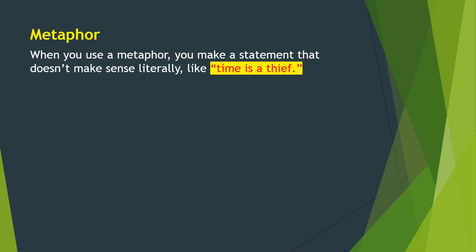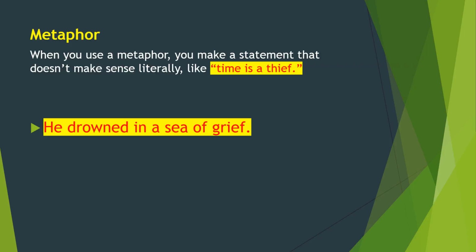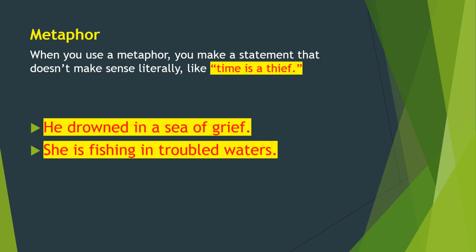How and where does one come across a sea that is filled not with water but with grief? Time is a thief. Time isn't really stealing anything. This metaphor just indicates that time passes quickly and our life passes by all of us. All these expressions are examples of metaphor.